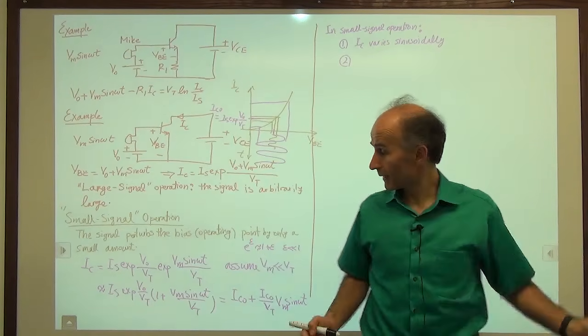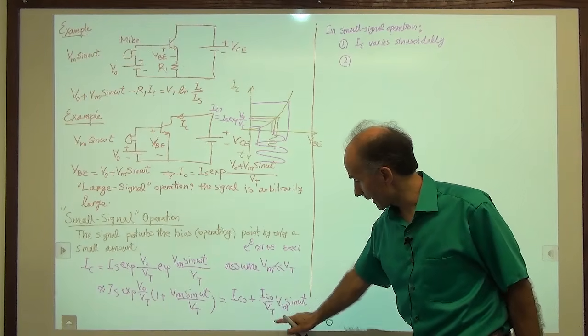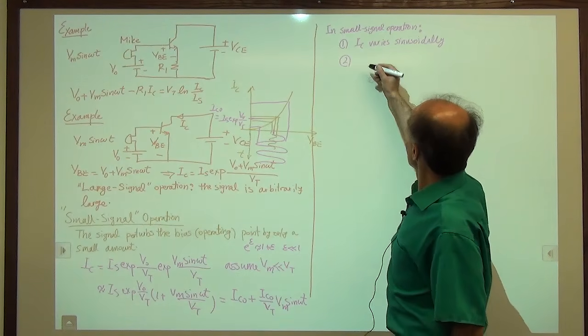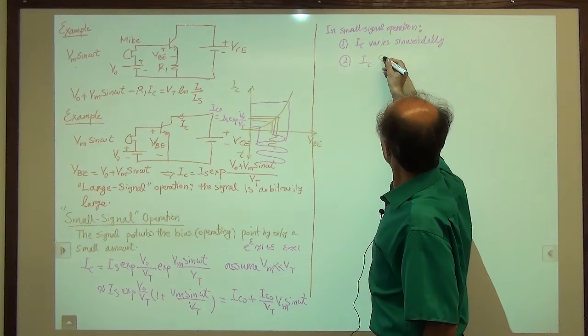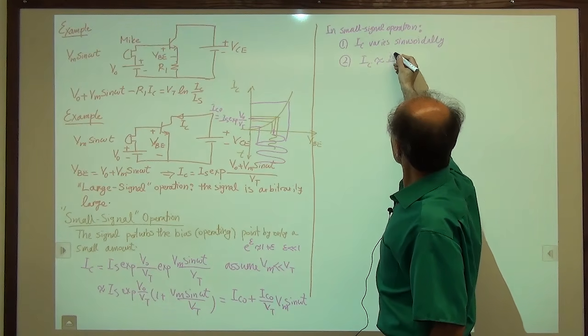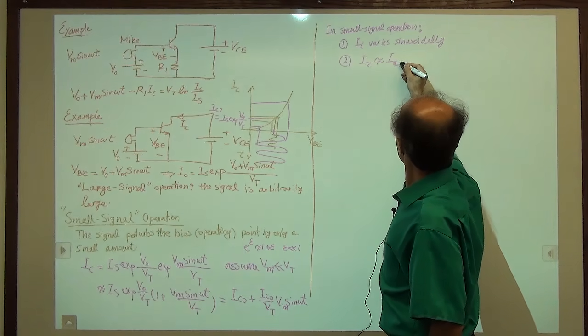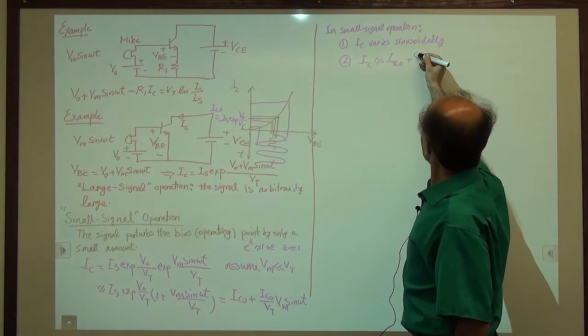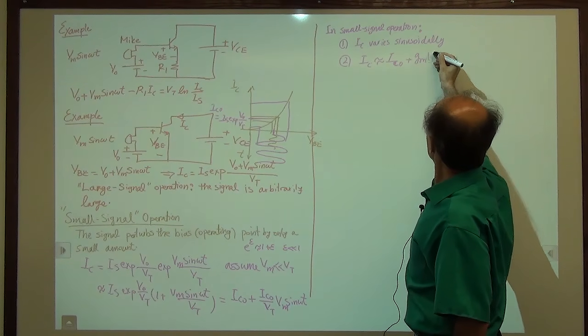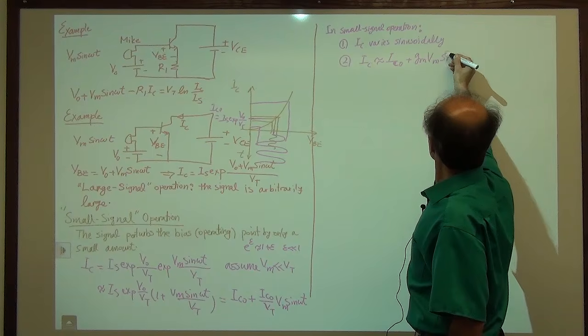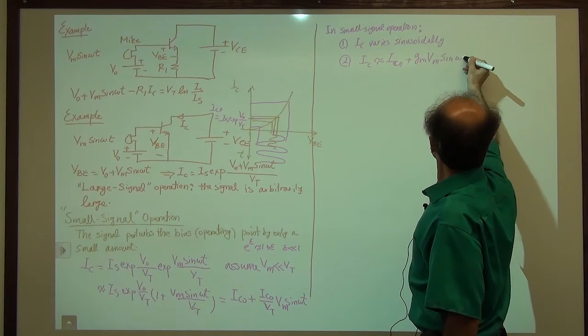So we can say that this is just Gm times that. So we have IC approximately equal to the bias current plus Gm Vm sine of omega t.